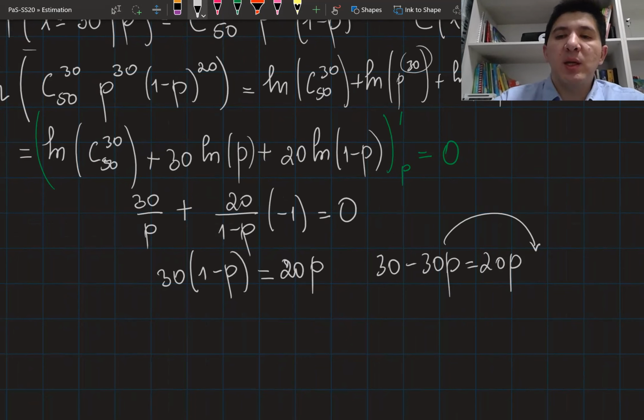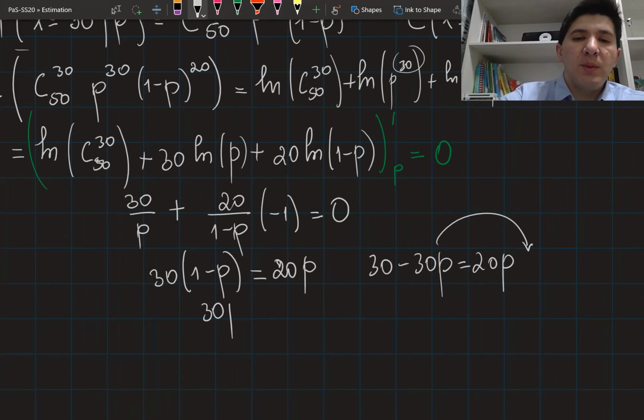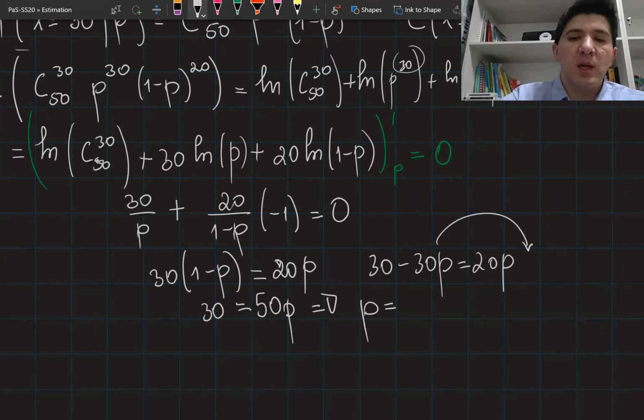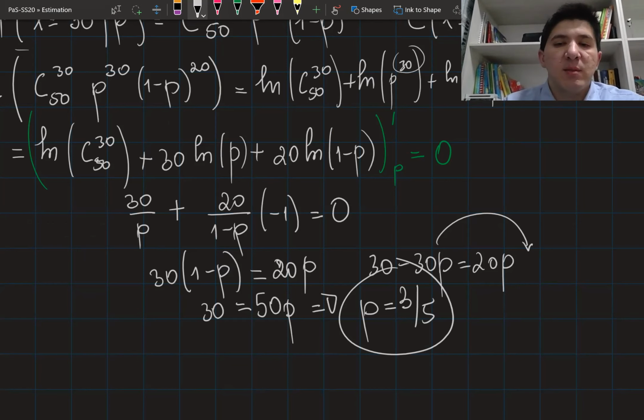So this 30p can go to the right, and it's going to be 50p, right? So basically 30 is equal to 50p. From here, we can find that the value for p is going to be equal to 30 over 50, or 3 over 5. So this is the maximum likelihood estimate.